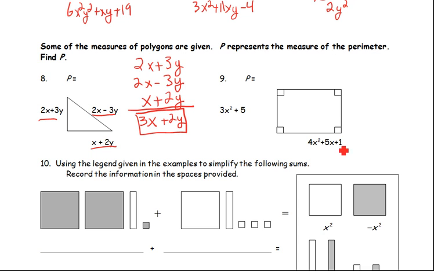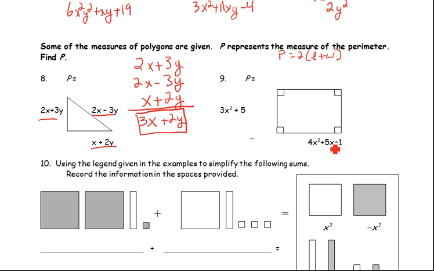Alright. Now, on 9, we have a rectangle, and we can do this a couple of ways. We can plug it into our formula like this, or we could add up all 4.